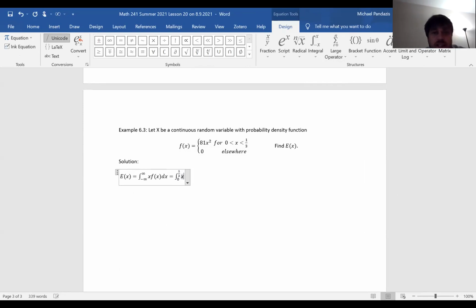Okay, and then it's x times f of x, which I'm going to put in brackets, which is 81x squared. That's a little f of x dx. And so you just need to integrate that. So this is the definite integral from 0 to 1/3 of 81x cubed dx.